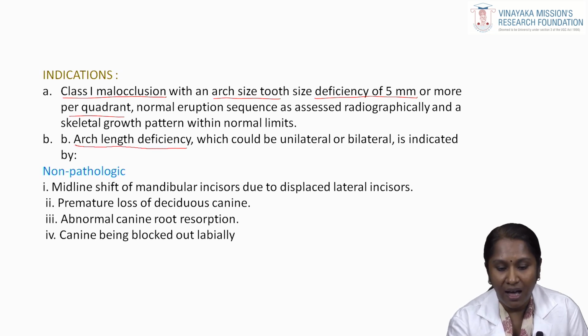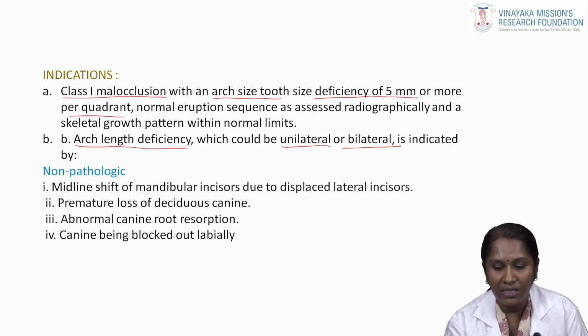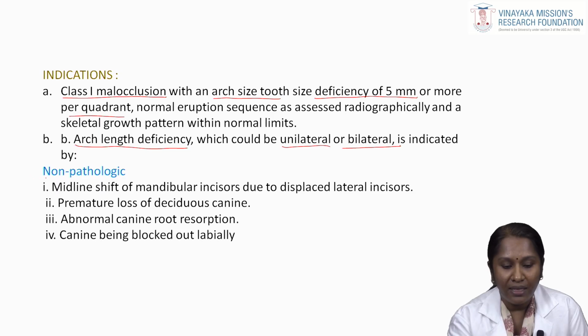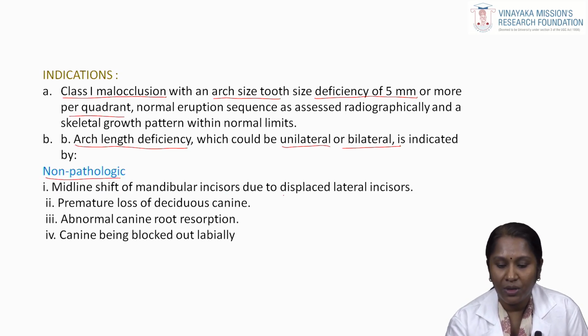If there is arch length deficiency, which could be unilateral or bilateral, in the upper arch or lower arch, it is indicated by a non-pathological problem, that is midline shift of the mandibular incisor due to displaced lateral incisors, premature loss of deciduous canine, abnormal canine root resorption, or canine being blocked out labially. In these cases you can use serial extraction.